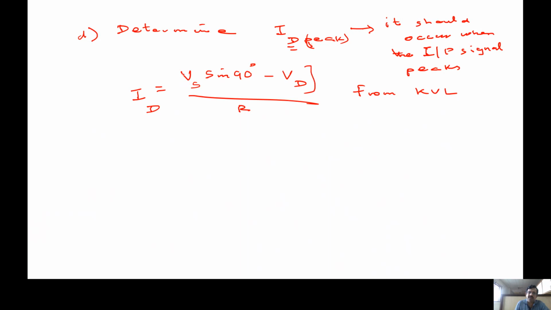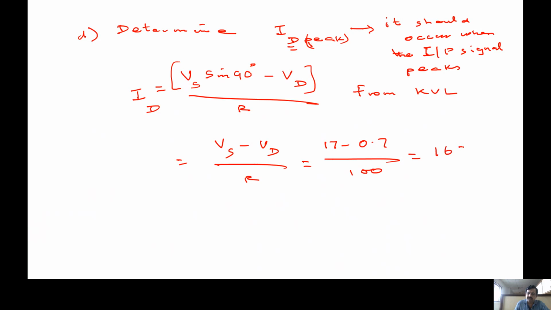That is the voltage drop across the diode. So that will be Vs minus Vd by R. Now you see here, you will get again 17 minus 0.7 divided by 100 ohms. That will be equivalent to 163 milliampere. The peak diode current in half wave rectifier and full wave rectifier for the same parameters is the same. Okay, so conclusion is peak diode current remains same, which is expected.